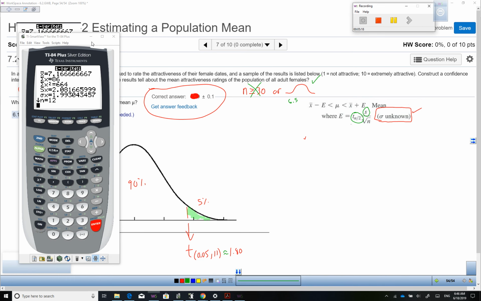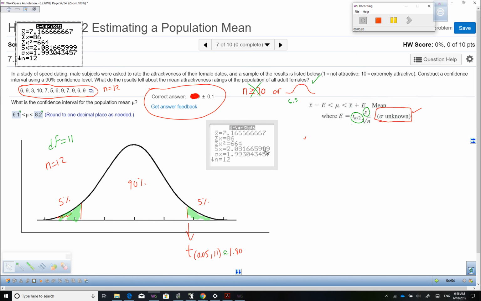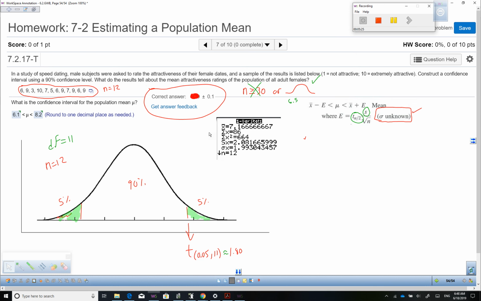Okay, so here I need the critical value to find the margin of error. I need the critical value, which is 1.8, multiplying the standard deviation of the sample, which is 2.08. Let me round it up to 2.08, and the square root of the sample size, which is the square root of 12.